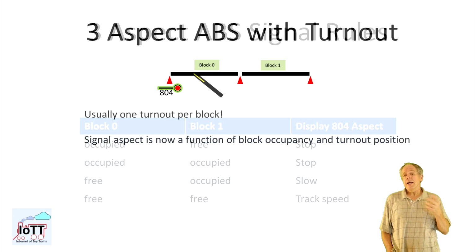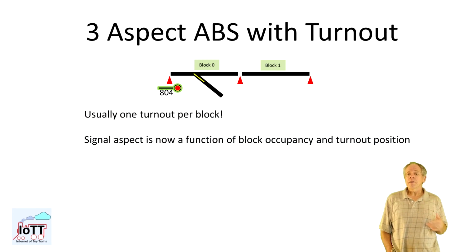If there are turnouts in the upcoming blocks, the turnout position needs to be considered as well. If the signal is at the front end of the turnout, the position determines what next block to consider. Also, if the turnout is diverting, the speed settings must be lower than when it is set to straight.